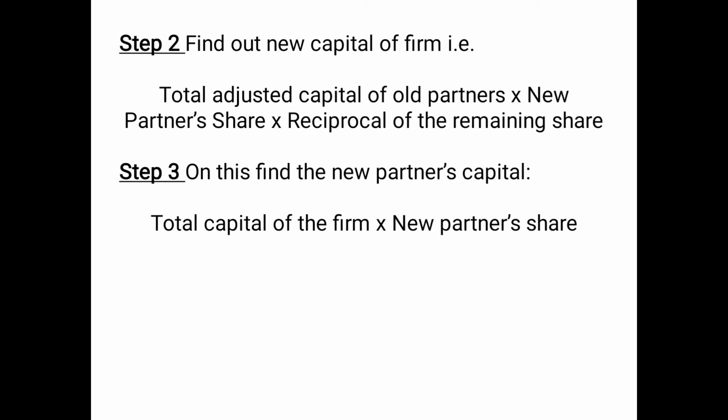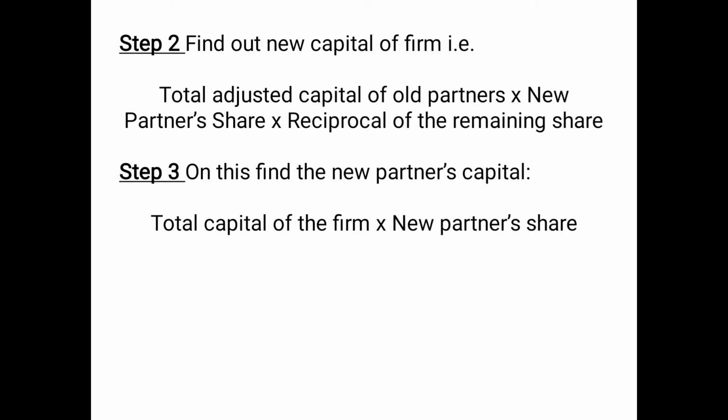For example, if partner C is coming for 1/5 share, so let the total share be 1. If we are giving 1/5 out of 1 to C, the remaining is 4/5, and the reciprocal of 4/5 will be 5/4. The numerator will become the denominator and the denominator will become the numerator.